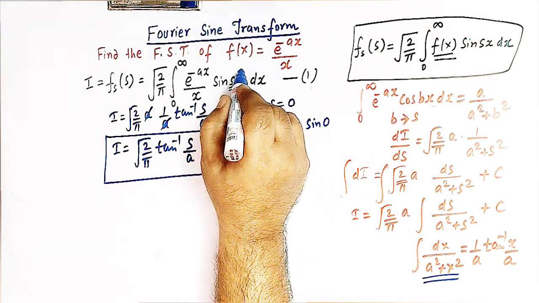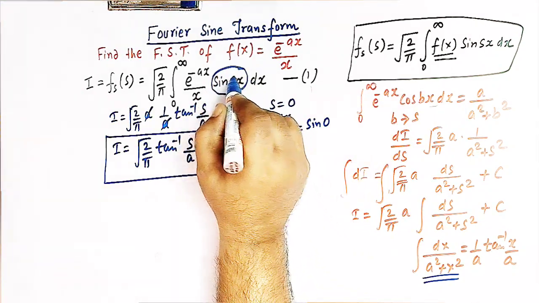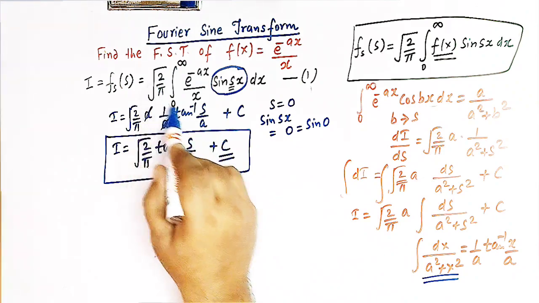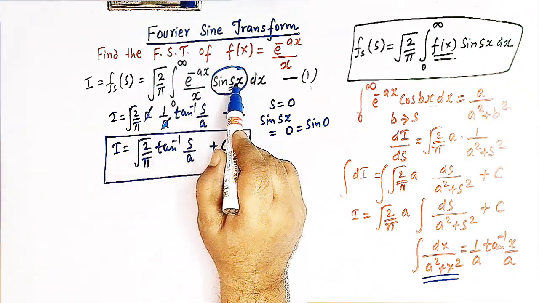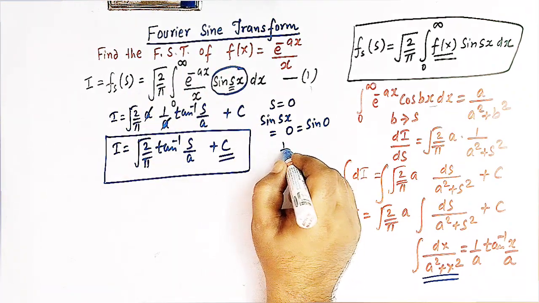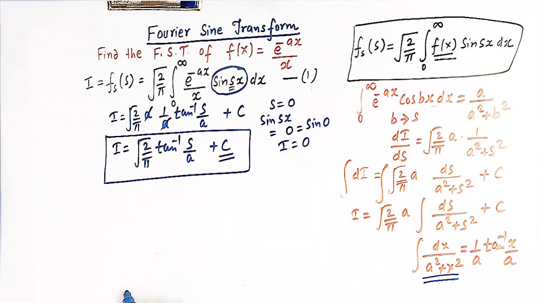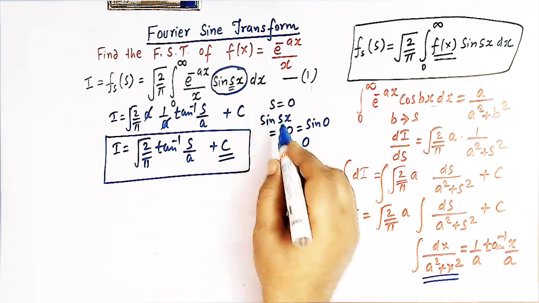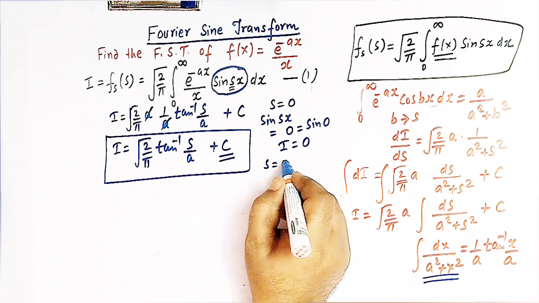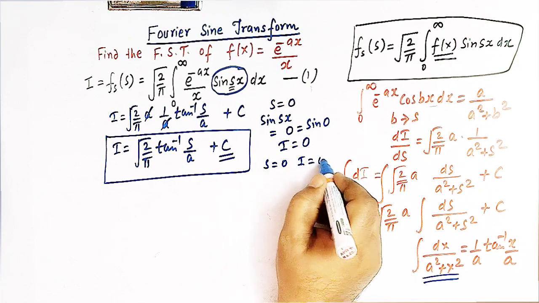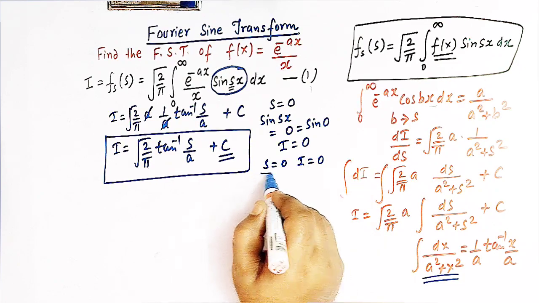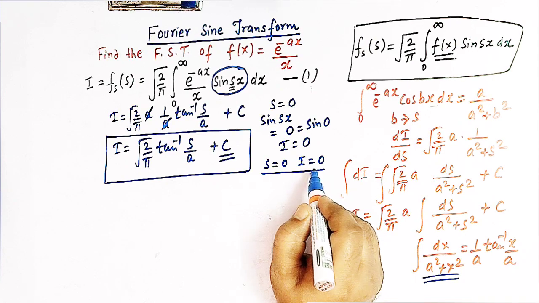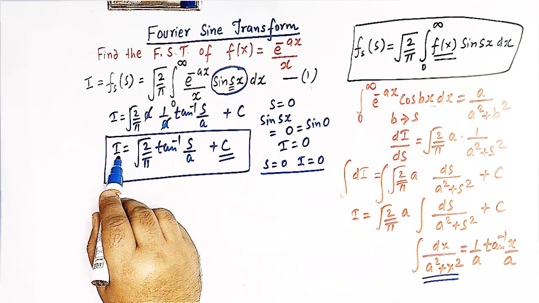Right? And when this value is equal to 0, then this entire expression is equal to 0. So we have I is equal to 0, right? So the conditions are when s is equal to 0, I is equal to 0. So let us utilize these initial conditions in this equation.